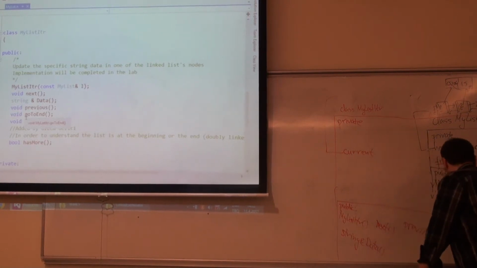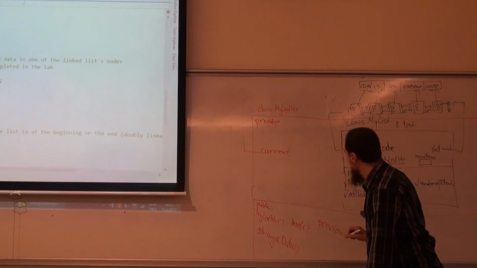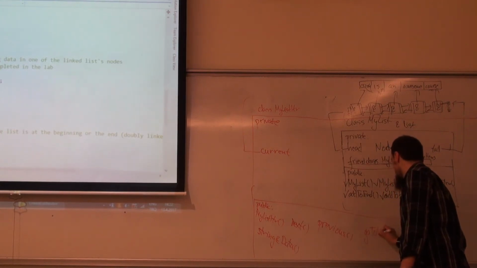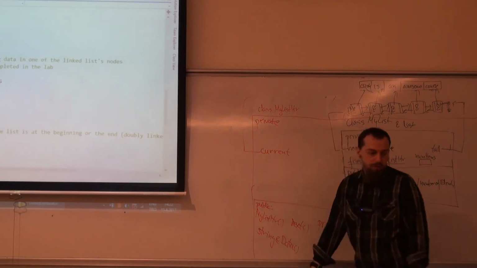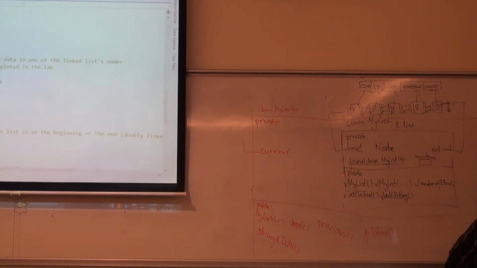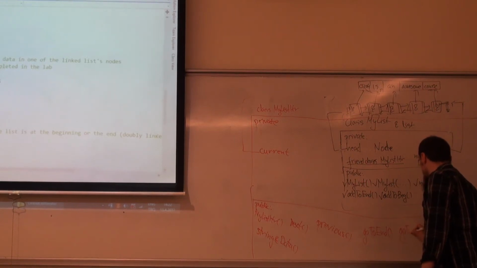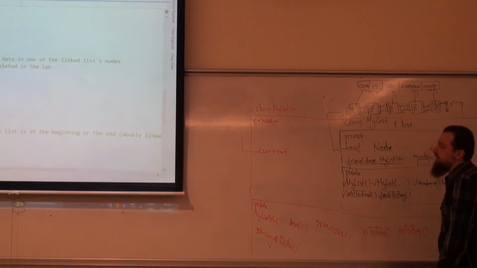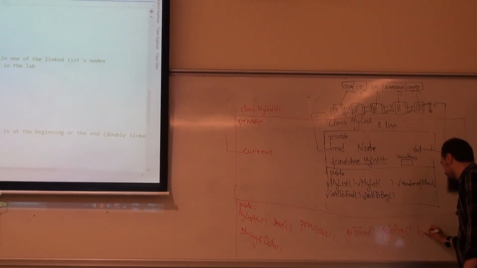We have the function go to end. And we have the function go to beginning. Okay? The final public function is has more.